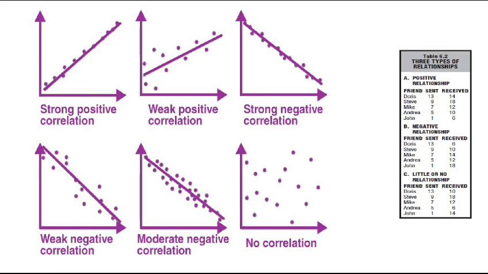Here is an example graph for correlation. For a positive relationship, some examples are given. Some friends are sending and receiving greeting cards: Doris, Steve, Mike, Andrea and John. Doris sent 13 greeting cards and received 14.